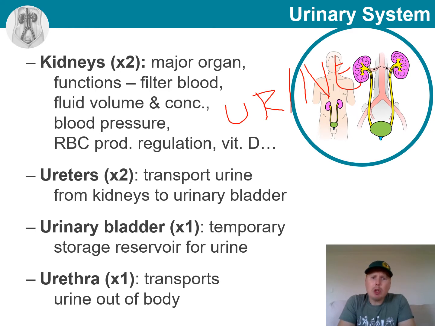We will also talk about the ureters, which transport this urine from the kidneys to the next structure, called the urinary bladder. And while there are two kidneys and two ureters, we will only have one urinary bladder. For the urinary bladder, probably one of the simpler ways to describe it is that it is just a storage site where the urine is kept until a time comes to release and excrete it from the body.